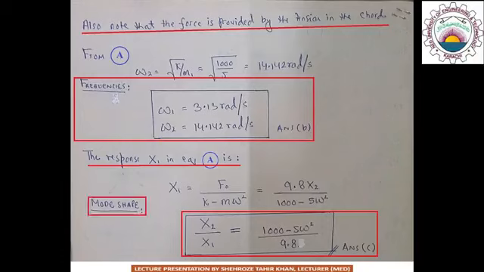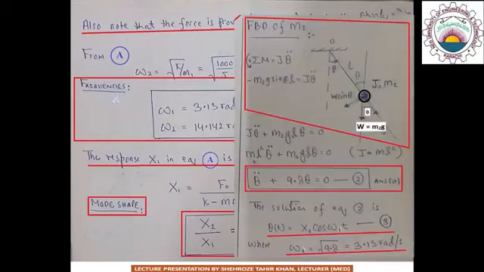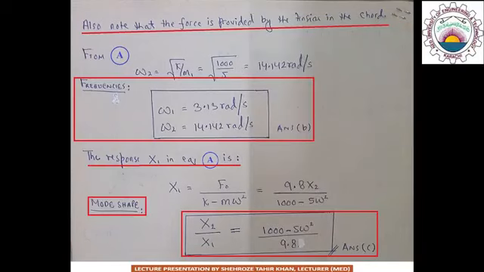And with this mode shape, this numerical problem ends here with the following conclusions. Number 1, if the system is made to vibrate at the pendulum's natural frequency, the amplitude x2 will be large. Number 2, if the system is to vibrate at the frequency of mass m1, x2 will be very small as compared to x1.